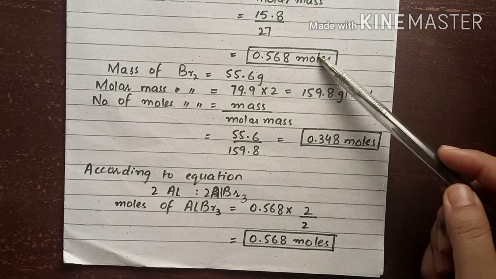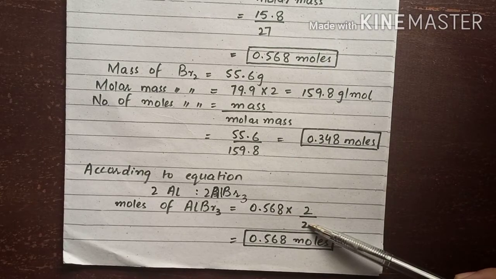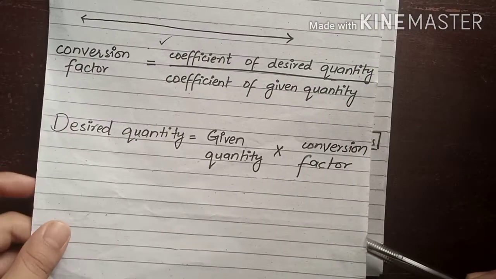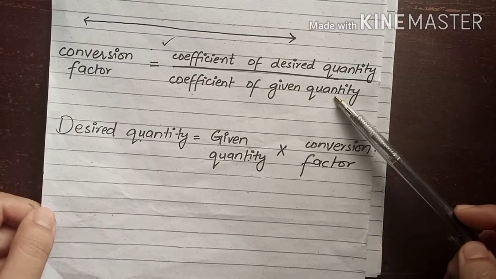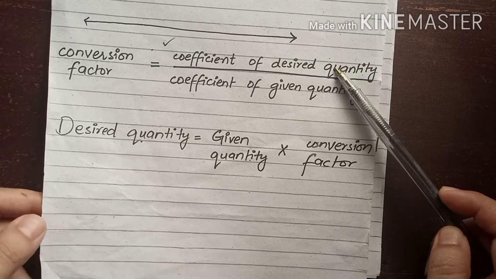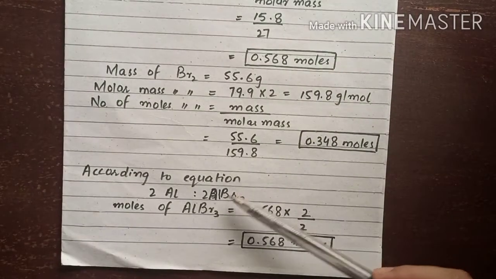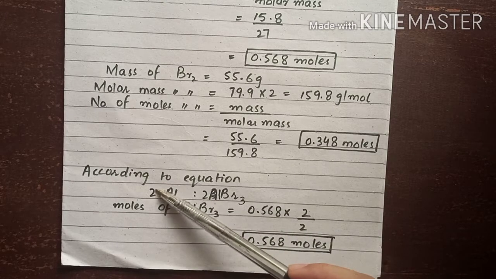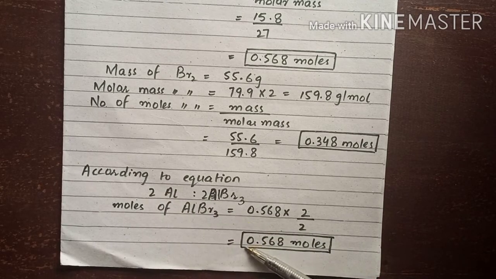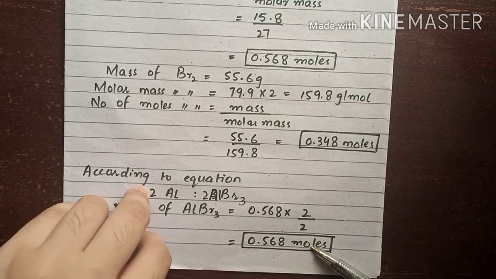So you multiply these moles of aluminium with the conversion factor. What is the conversion factor? The conversion factor is the coefficient of desired quantity by the coefficient of given quantity. Our desired quantity is aluminium bromide, and its coefficient, as you can see, is 2, and the coefficient of given quantity is 2. So we get 0.568 moles of aluminium bromide from the aluminium.